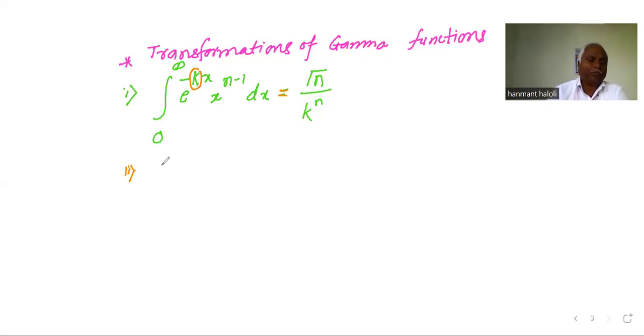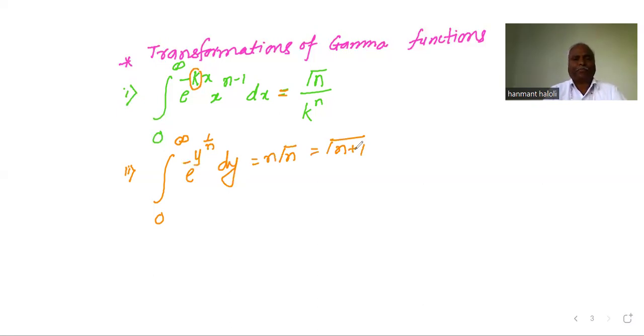Now second, integral 0 to infinity e raised to minus y raised to 1 upon n, means nth root of y, dy is the same as n into gamma n, and this is also the same as gamma of n plus 1.